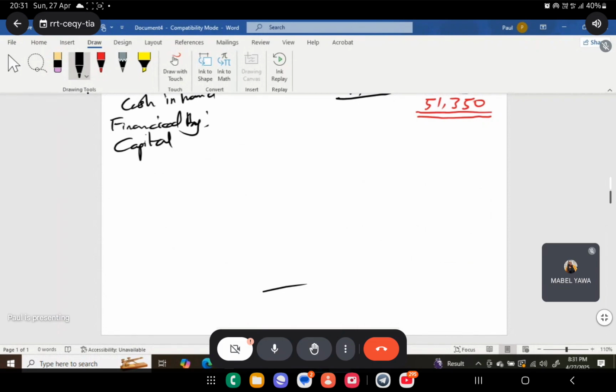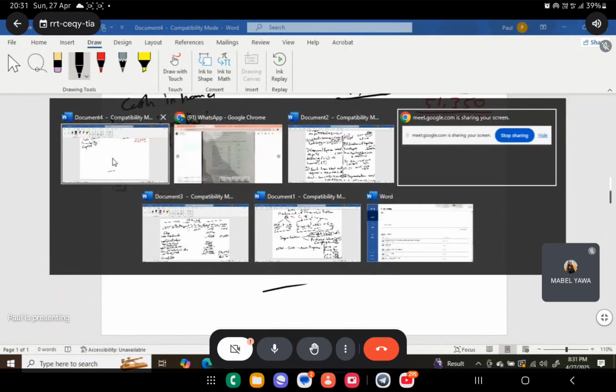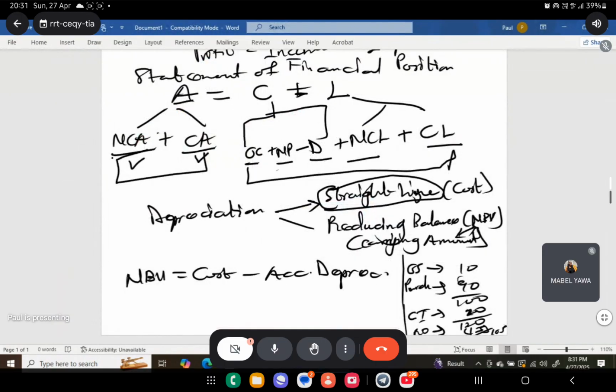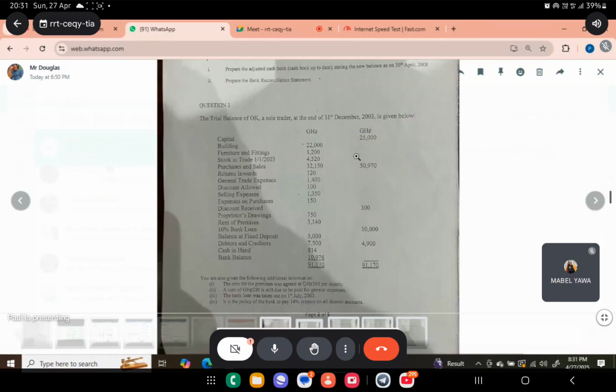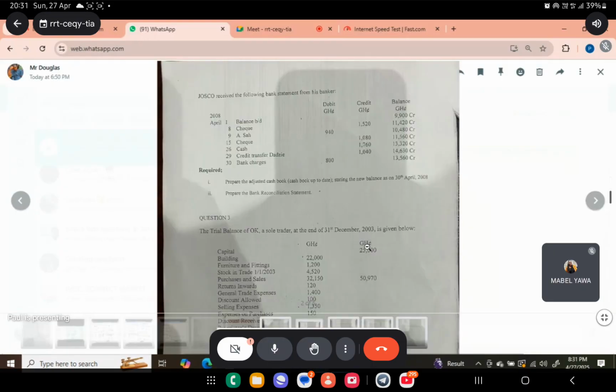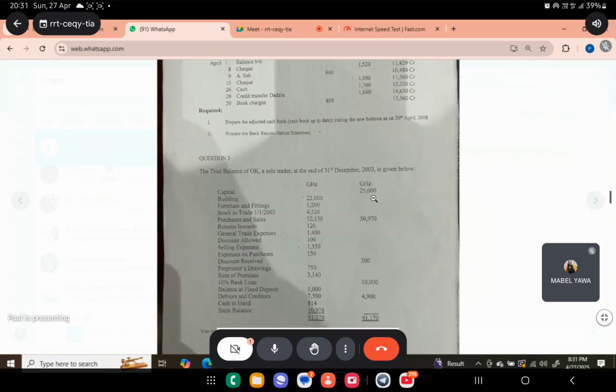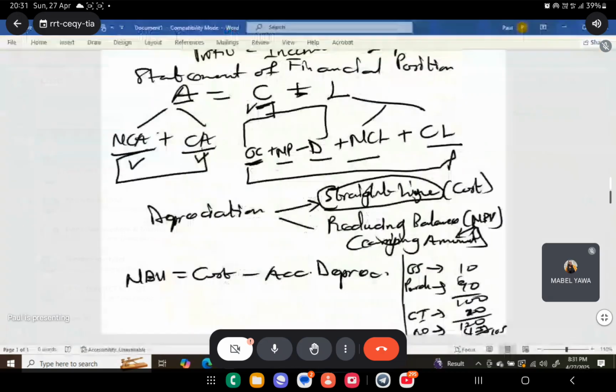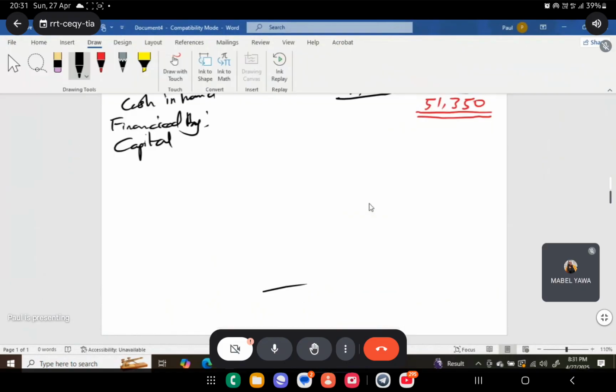It's capital debt. So I told you that financed by capital. We are done with this too. So we are financed by capital. And the capital we are talking about is the opening. That's the one in the question. So the opening capital is 25,000. So that's 25,000 comes.